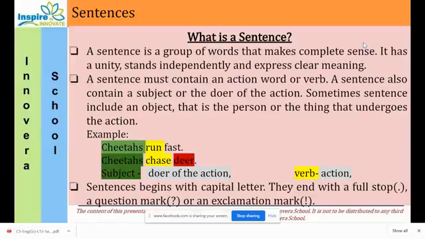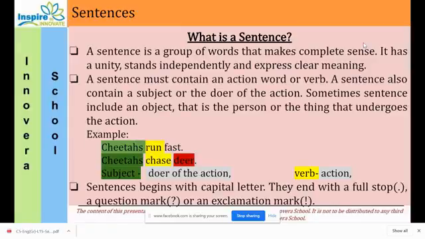It has unity, stands independently and expresses clear meaning. So each and every sentence, when you read it, you will find that the sentence has proper meaning. It makes sense. A sentence must contain an action word or verb. Whenever you read a sentence, you will find there is a verb in the sentence.